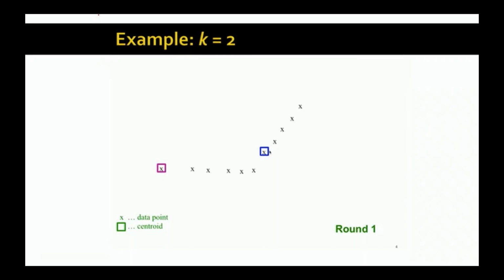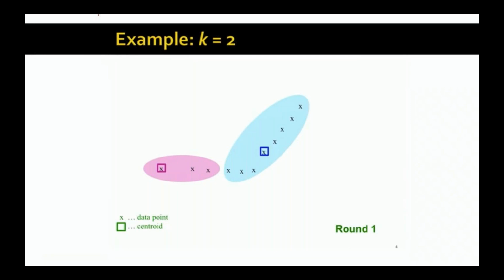And when I go through all the data points and do this, here's the clustering that I end up with. These 2 points here end up in the in the pink cluster here, and this set of points are closer to the blue point here, and so they end up in the blue cluster. So that's round 1 of k-means clustering.